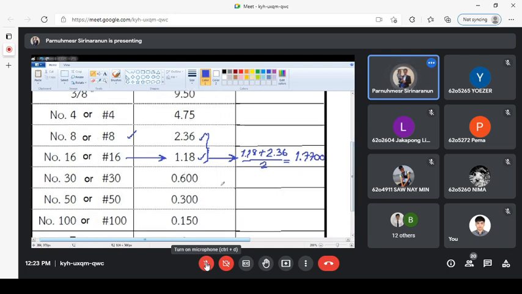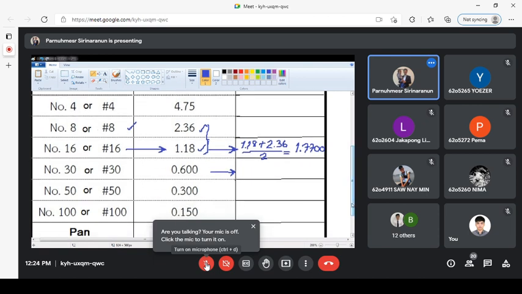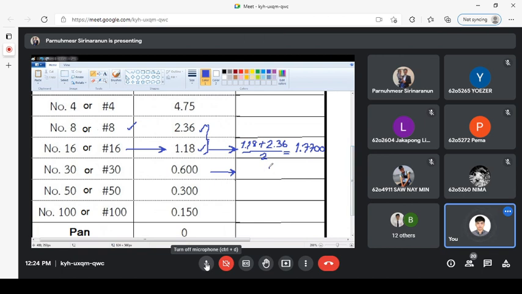For number 30, can you tell me the average aggregate size? Try by yourself. 0.890.